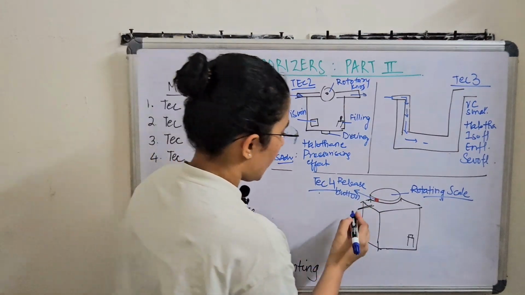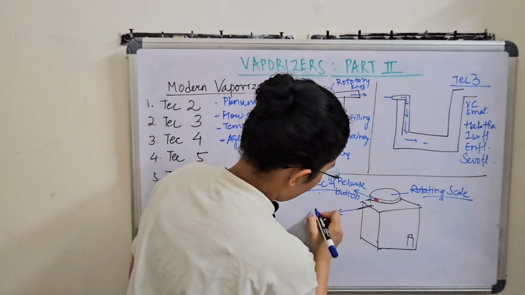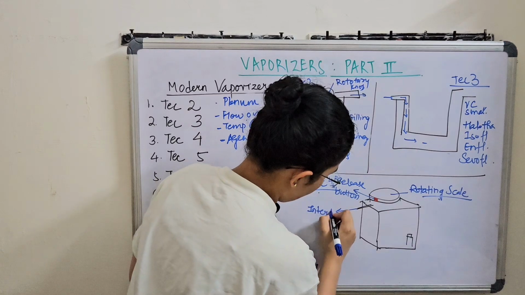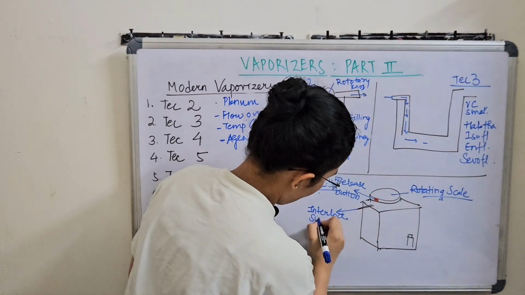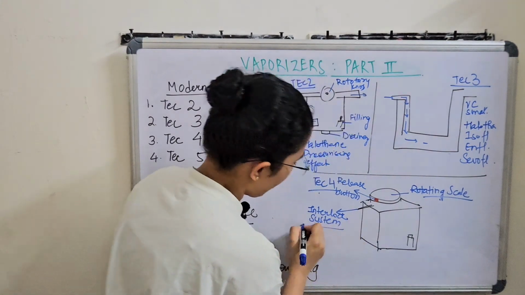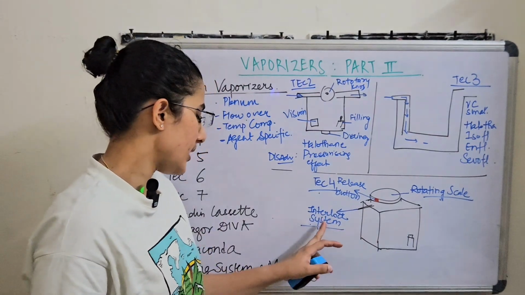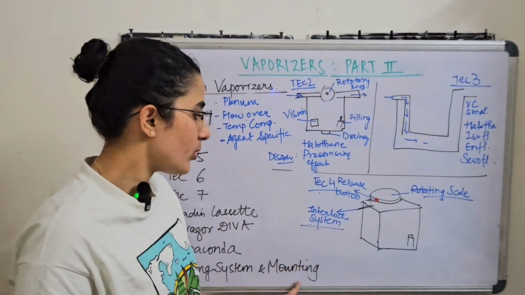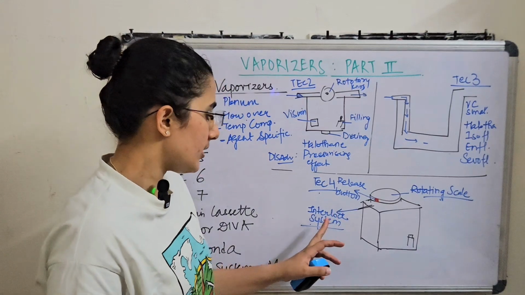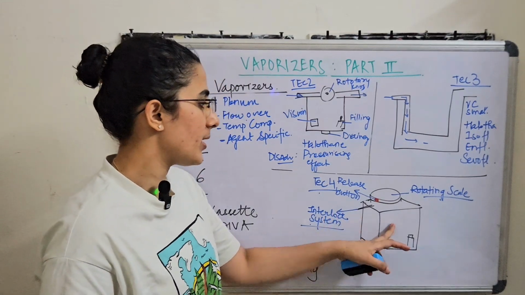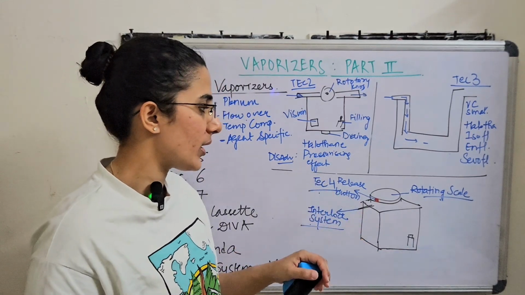Okay. Another feature of Tech 4 is the interlock system, which will prevent the use of multiple agents at the same time. We'll be discussing this regarding the mounting systems. Okay, so this is the interlock system which will be there in the Tech 4 vaporizer.